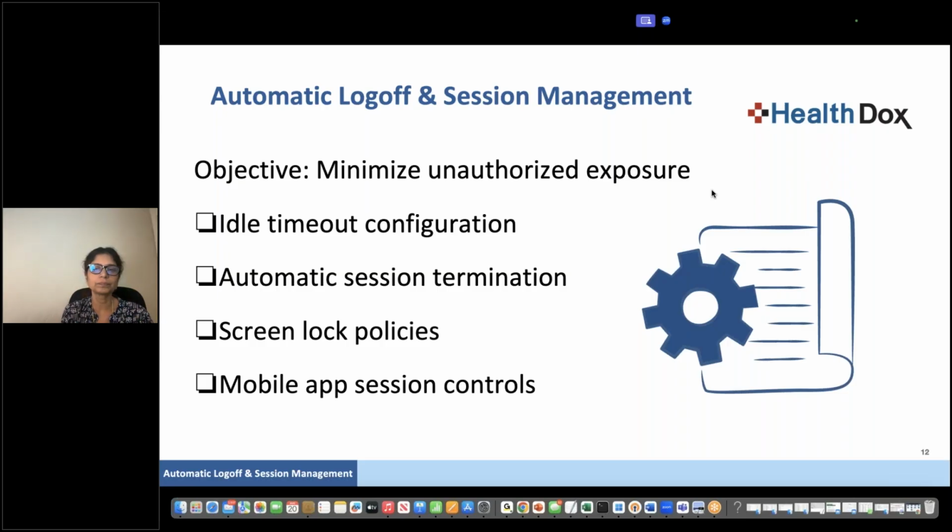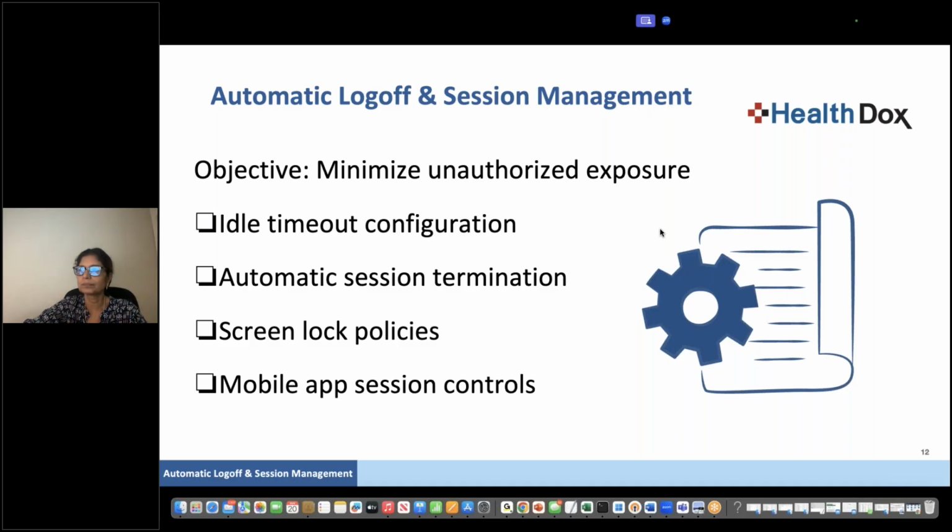Though it is very simple, it is also very powerful: automatic log off and session management. Let us understand how automatic log off and session management work as technical controls to meet access control. Though it sounds simple, automatic log off is a very effective safeguard.